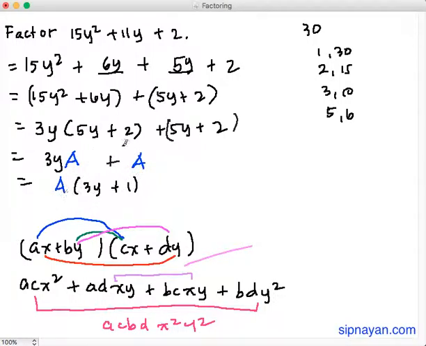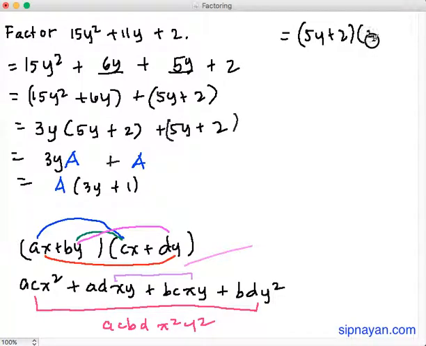But again, A is 5y plus 2, so we can put it back. This is 5y plus 2 times 3y plus 1. Okay? So this is the factored form.